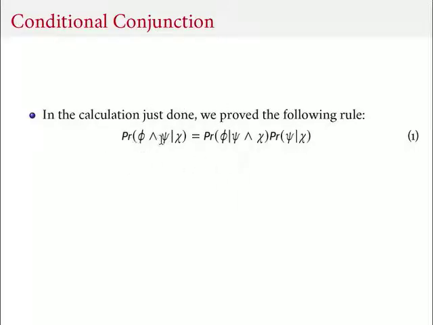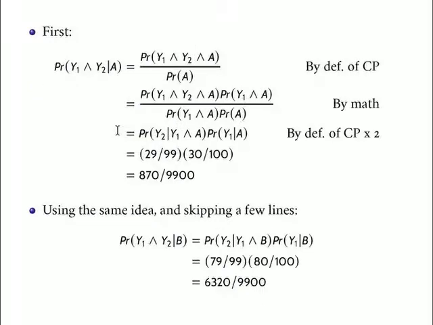So phi and psi here, you can think of standing for the evidence, and chi stands for the hypothesis. And so when we cannot assume that the evidence is independent given the hypothesis, we have to apply this rule here, and we actually prove this rule above here.